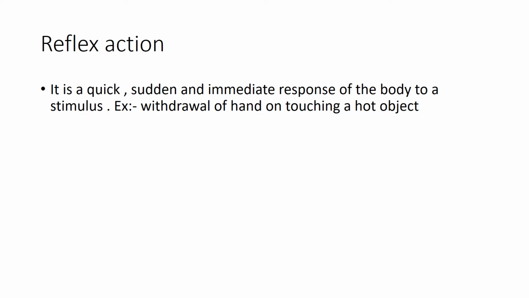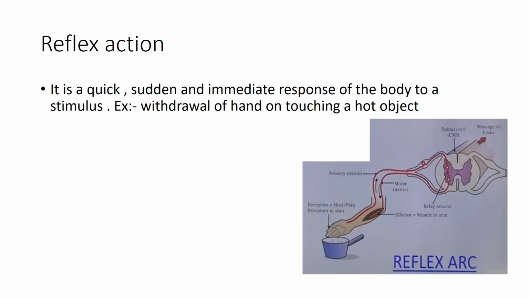Suppose, here there is a picture. This boy is touching his hand on a very hot pan. Here the skin receives the sensory information. That's why the skin is called the receptor.